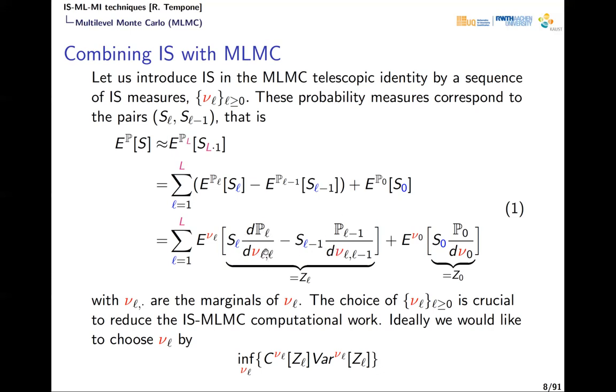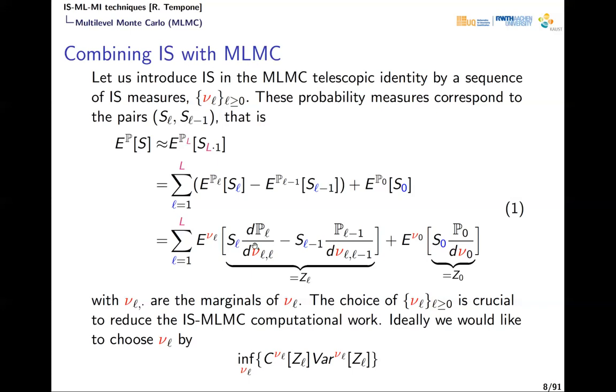And the likelihood factor will be different in each case because I have to use the marginal distribution of nu essentially with respect to the PL and here the L minus 1. All right, so now we have these random variables, call it ZL, which are differences that encode not only the approximation of the quantity of interest, but also the approximation of the measure that we want to sample from.